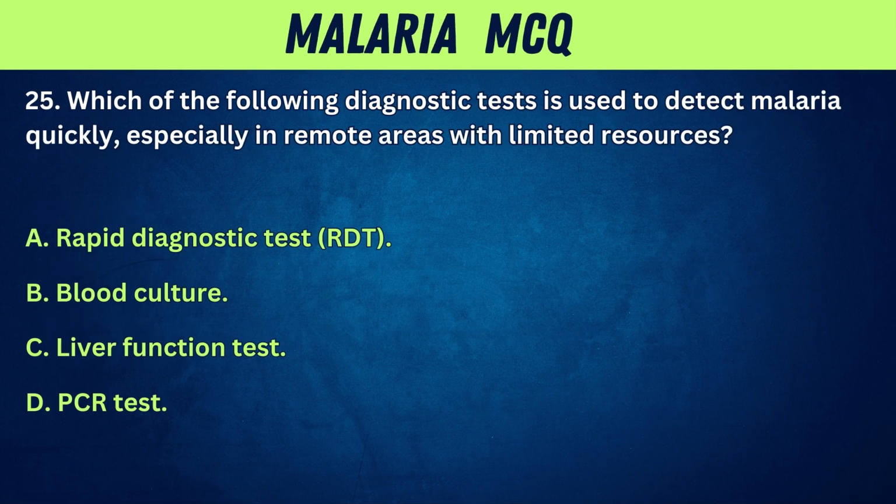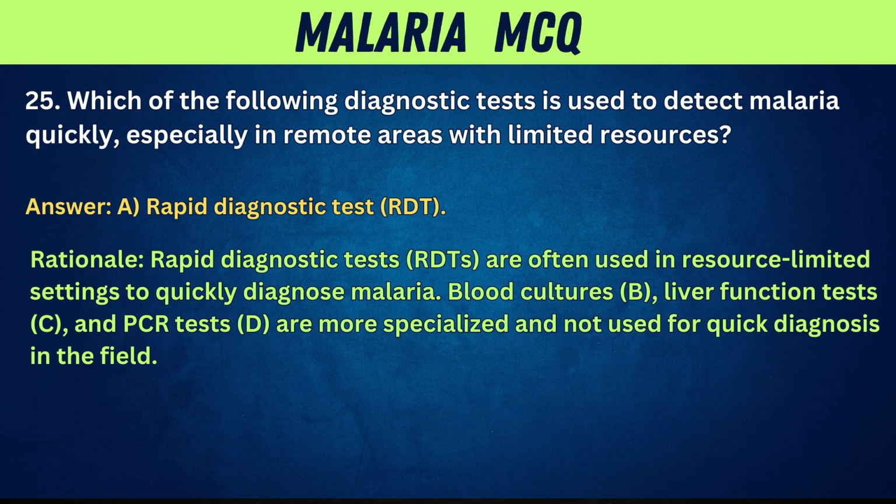25. Which of the following diagnostic tests is used to detect malaria quickly, especially in remote areas with limited resources? A. Rapid diagnostic test, RDT. B. Blood culture. C. Liver function test. D. PCR test. Answer: A. Rapid diagnostic test, RDT.